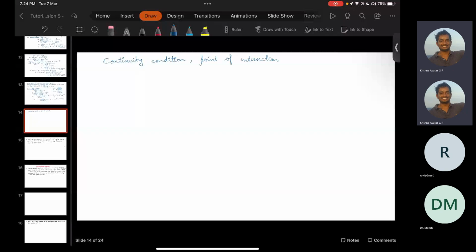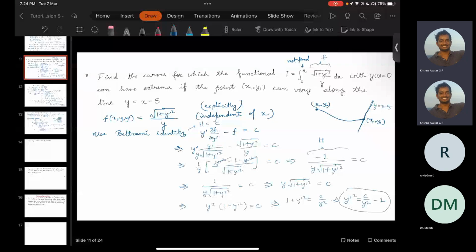So which means that if we take a look at the curve, the coordinates x1, y1 of the end point of the extremal should be the same as the coordinate which lies on this line here.